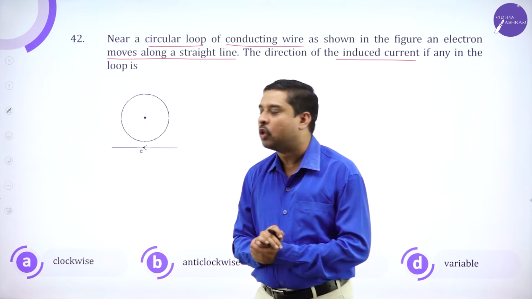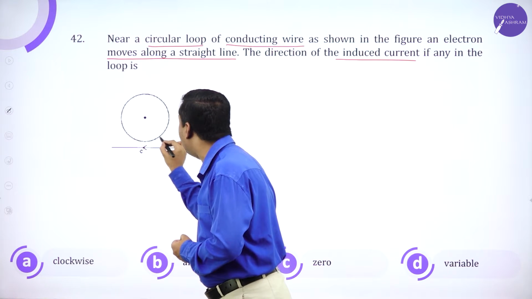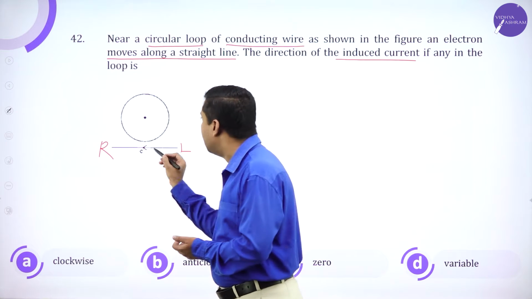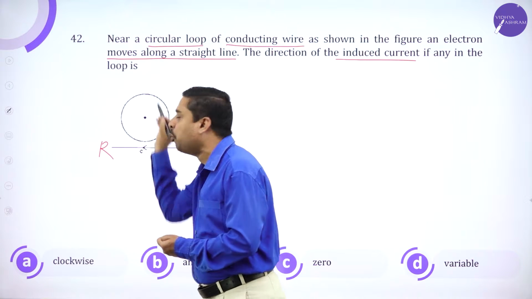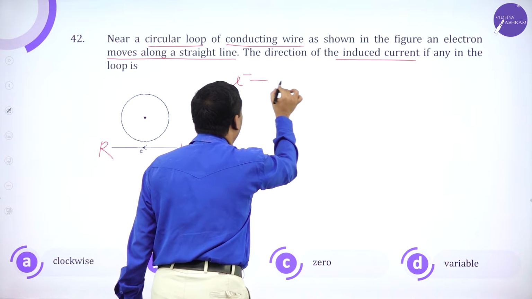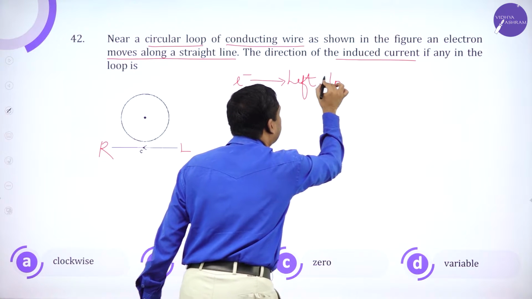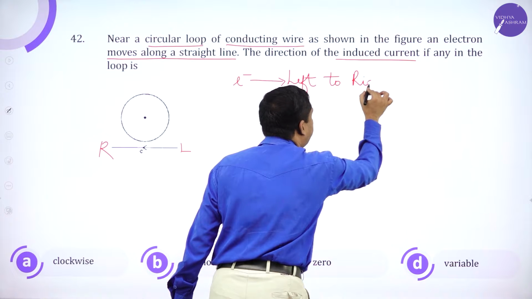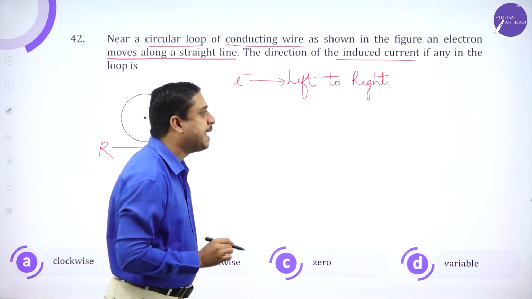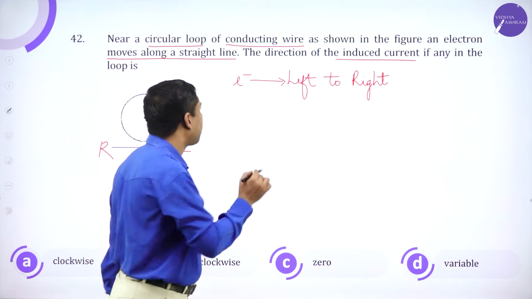If you look at the diagram, the electron is moving from left to right with respect to this loop. So here the electron moves from left to right with respect to the loop. Which means here what happens?